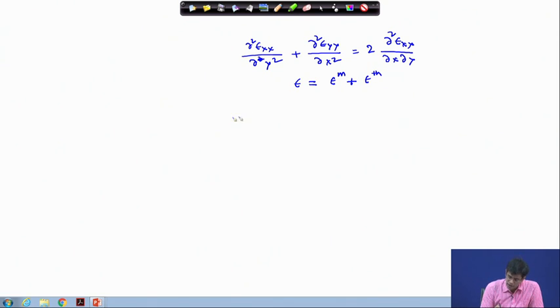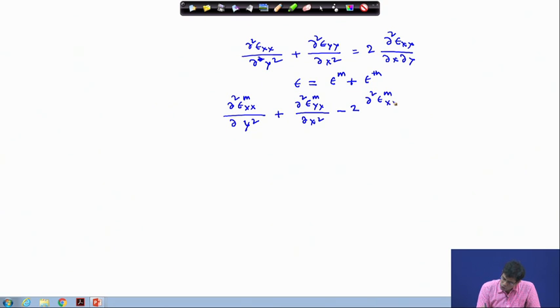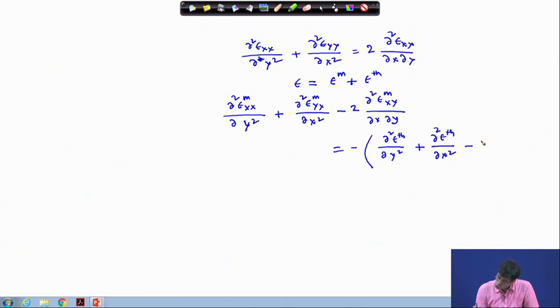So, I can just extend it to this form. The final form will be del squared epsilon mechanical xx by del y squared plus del squared epsilon mechanical yy by del x squared minus 2 del squared epsilon mechanical xy by del x del y equals minus this quantity: del squared epsilon thermal xx by del y squared plus del squared epsilon thermal yy by del x squared minus 2 del squared epsilon thermal xy by del x del y.